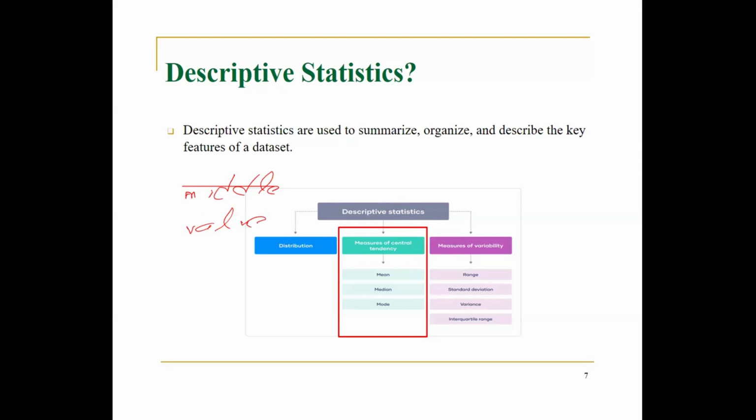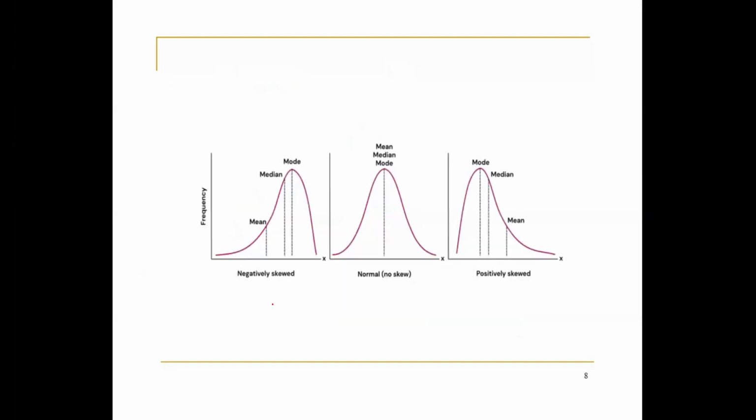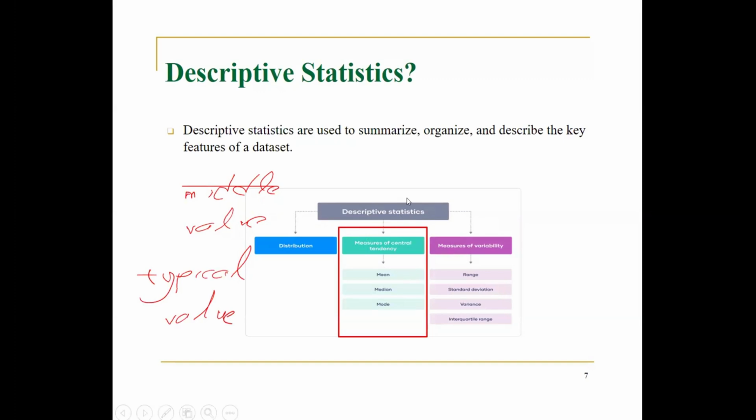So what is the dispersion of the data set? Using descriptive statistics, we try to find the middle or the typical value in the data set, right? You can remember there were three measures of central tendency: mean, median, and mode. The mean is basically the mathematical average.